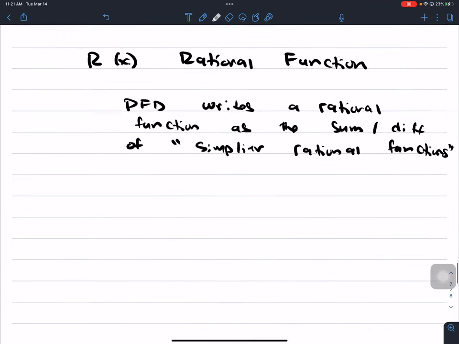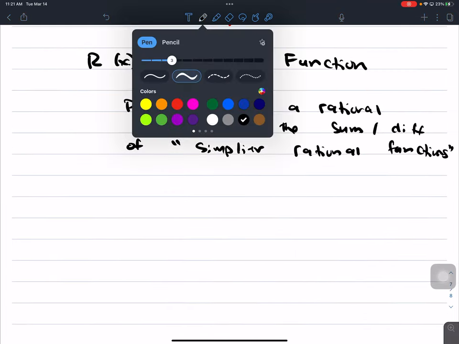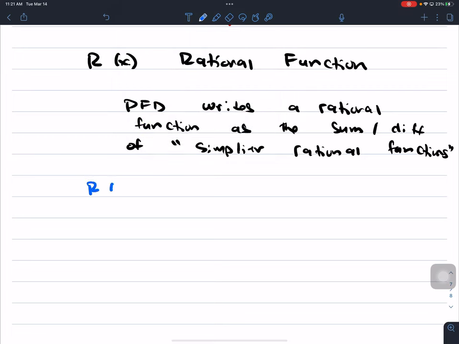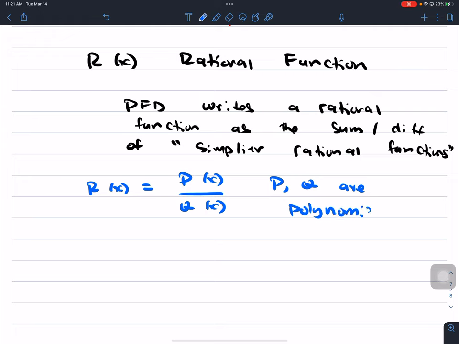What's a rational function, by the way, in case you guys forgot, right? A rational function we call R of x is P of x over Q of x, where both P and Q are polynomial functions. Okay?